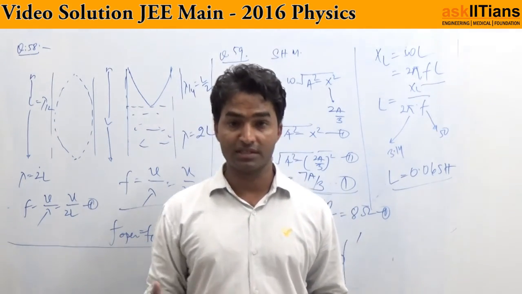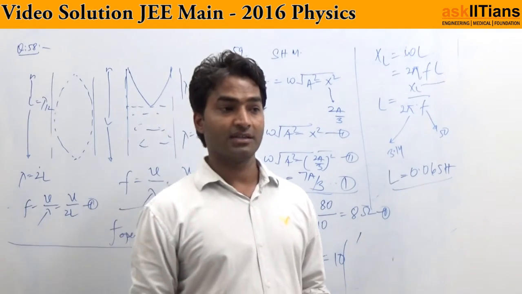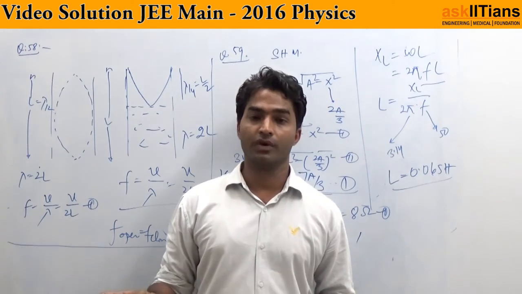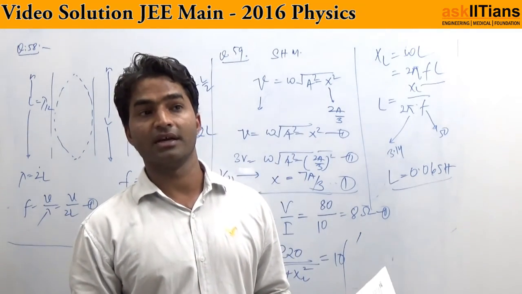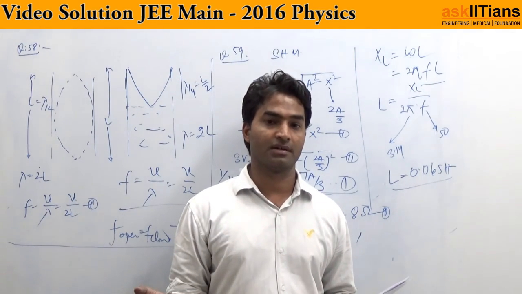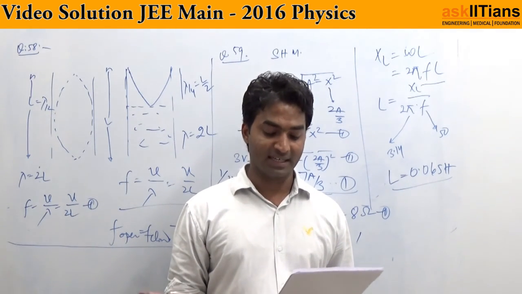Last year they asked one question, this year two. We call it an irregular paper, because last year the weightage of magnetism was 17%, and this year it was only about 5%. So it was an easy paper.